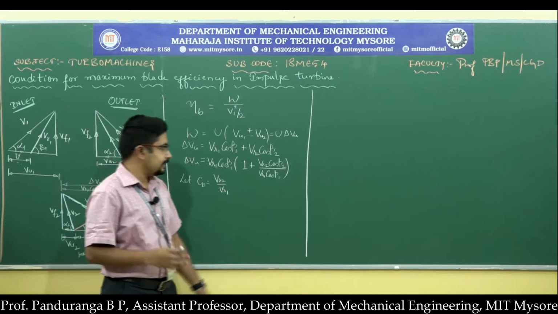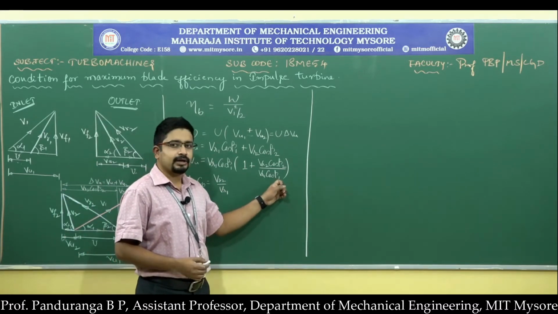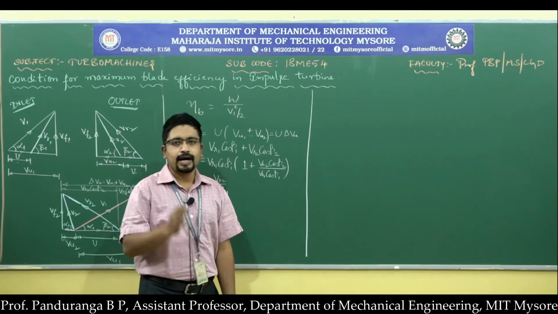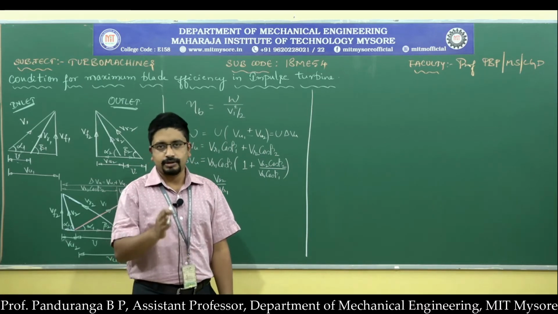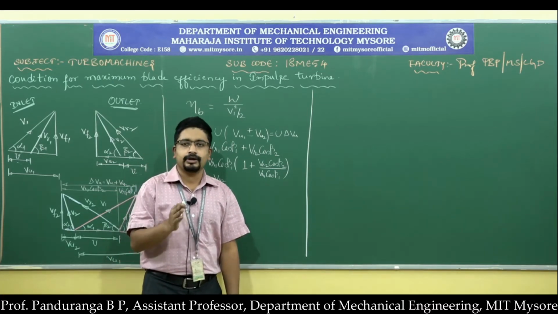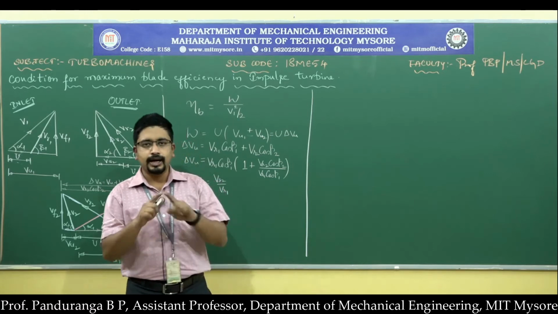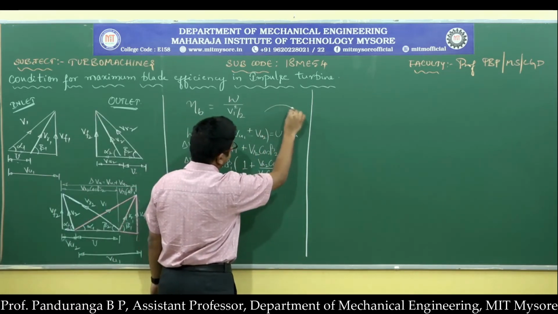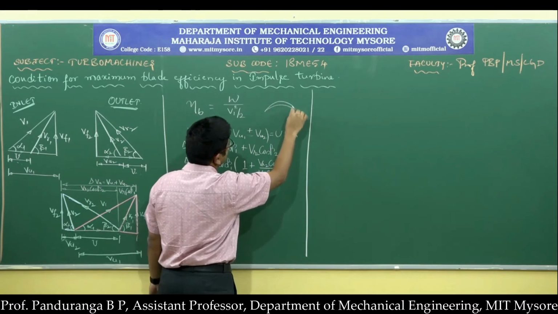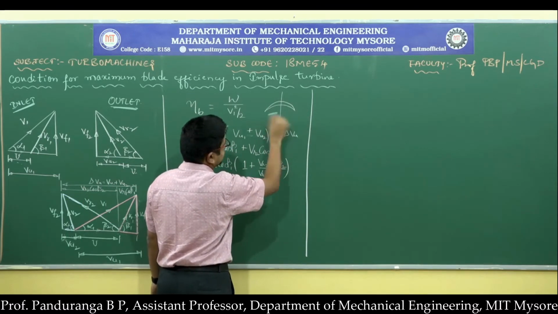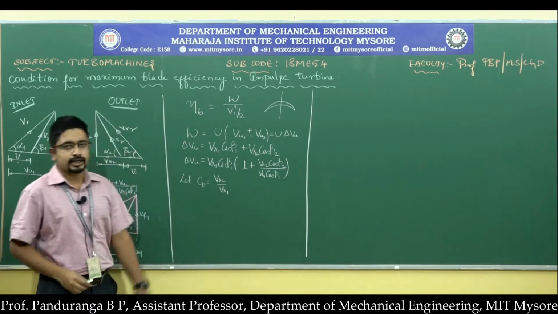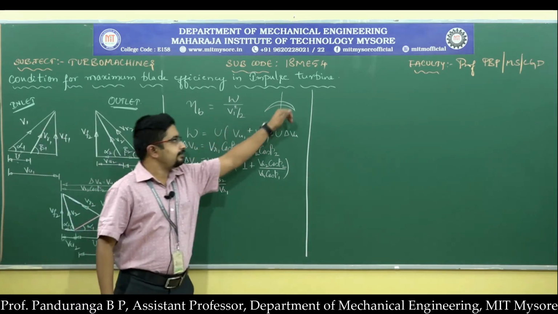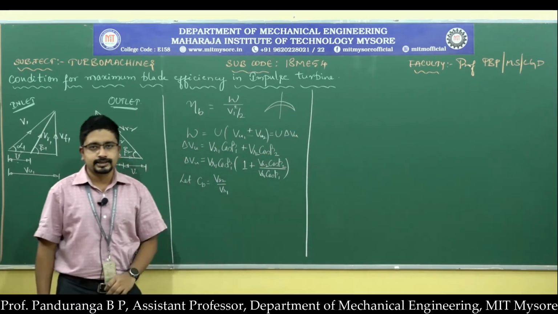And also practically speaking, we need to have beta 1 and beta 2 the same to have a symmetric blade. So if you remember the diagram of an impulse turbine, we had a symmetric blade. So I will just write the blade here. Over the axis on either side it should be symmetric. So the blade inlet angle and the blade outlet angle should be the same.